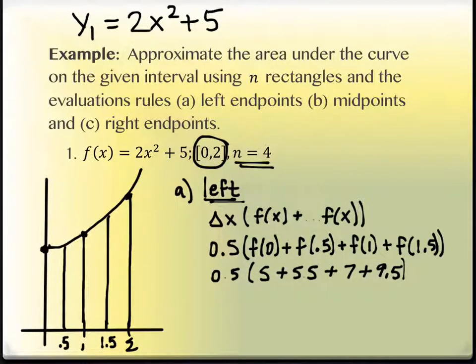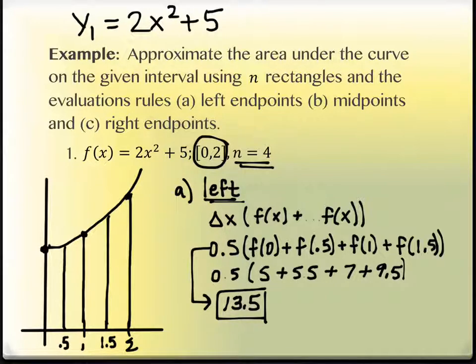And then back in the regular screen of your calculator, you can add those 4 values together, multiply by 0.5, and you're done. So what does that give you? Do we get 13.5?